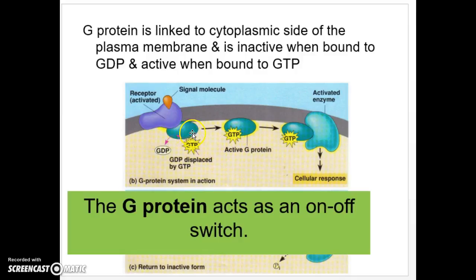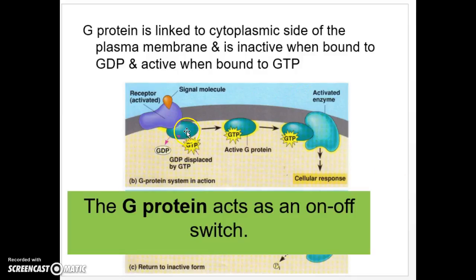And what happens is now this G protein travels a short distance along the cytoplasmic side of the plasma membrane until it reaches a different target protein. In this case, it's going to be an enzyme, which when this G protein is bonded with the enzyme, causes the enzyme to become activated and do its job, which is the cellular response for this G protein.